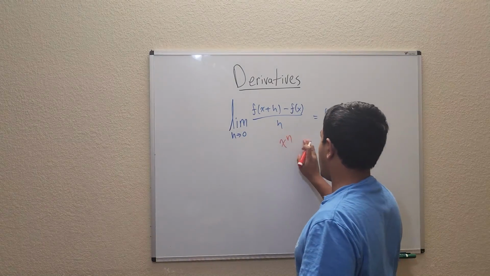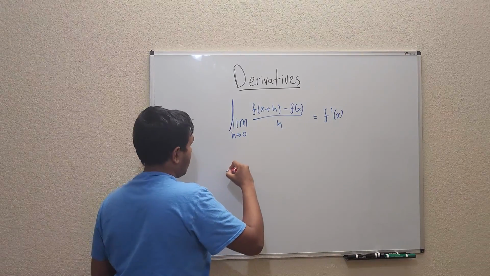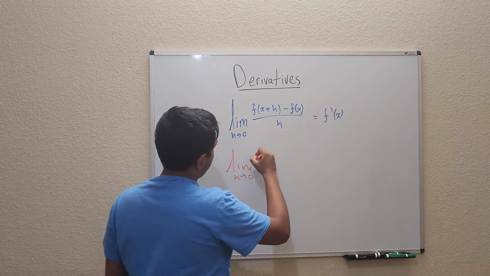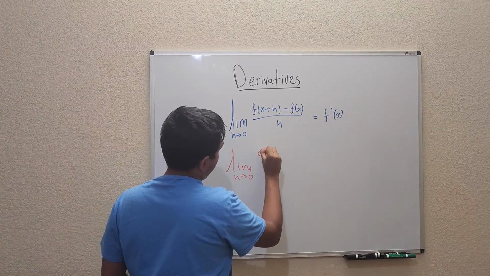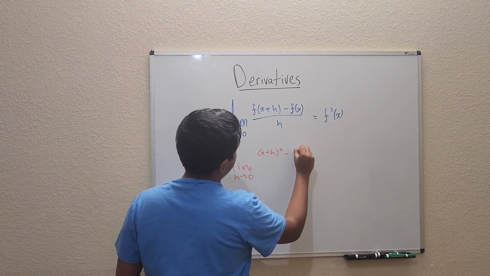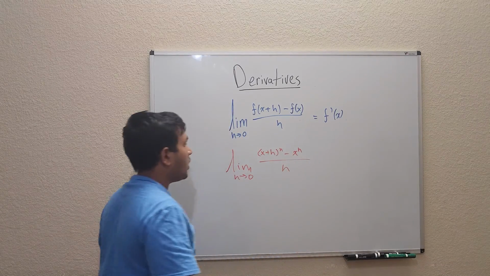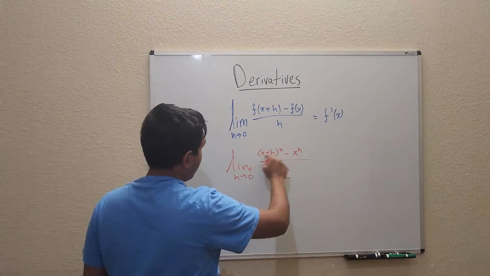So let us put it into the definition of a derivative. The derivative of x to the n is the limit as h approaches 0 of x plus h to the n minus x to the n all over h. Okay, so now let's break this down.